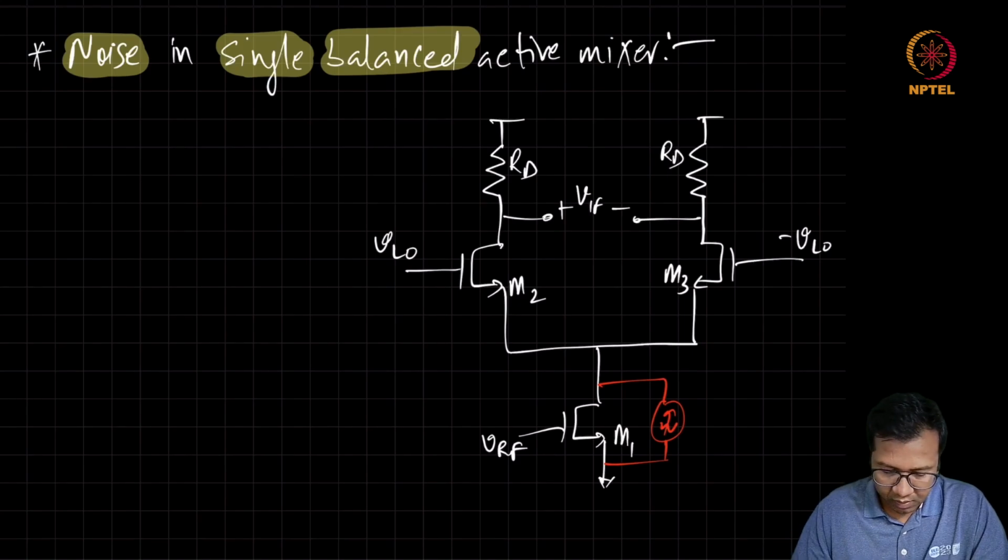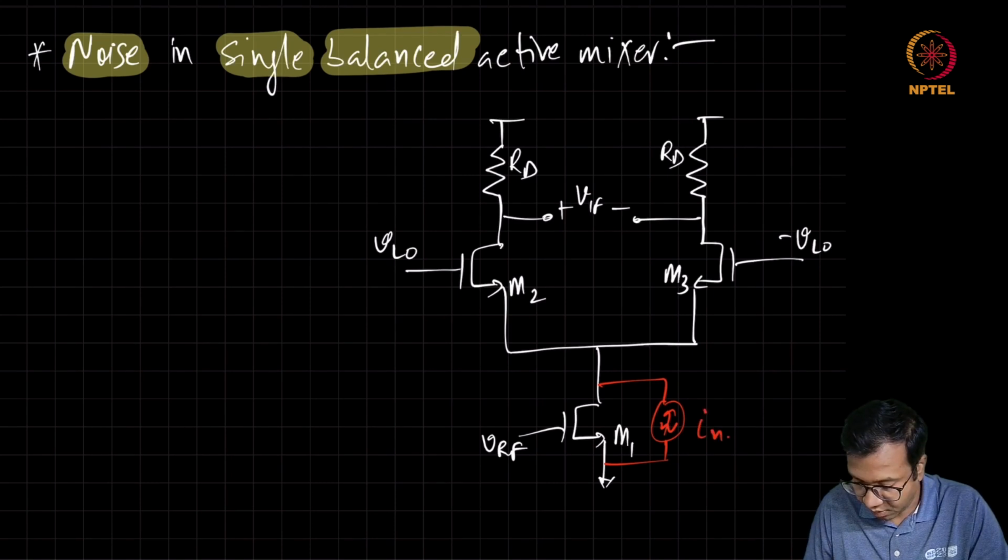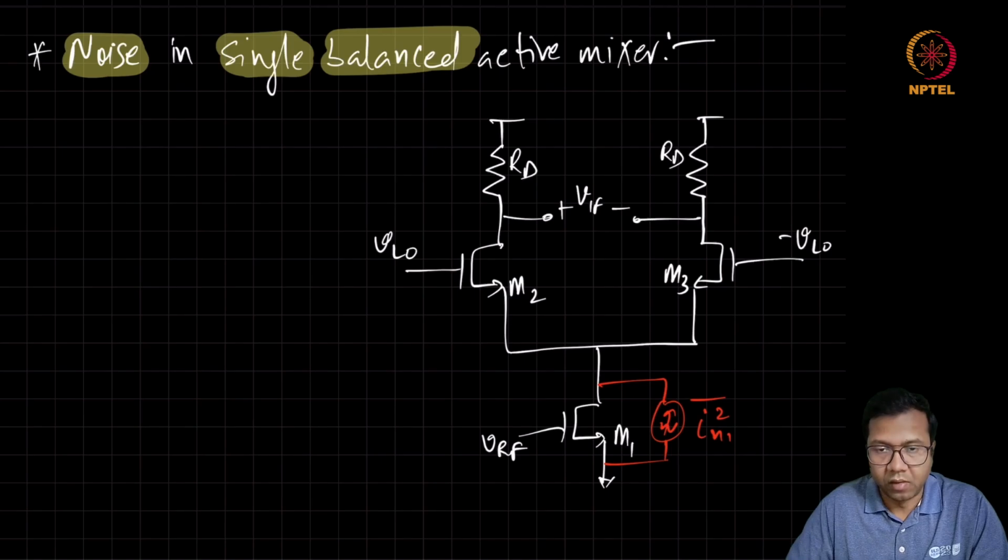So in a way we can say that this noise IN1 is going to be multiplied by a square wave.